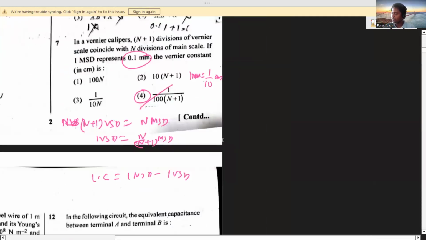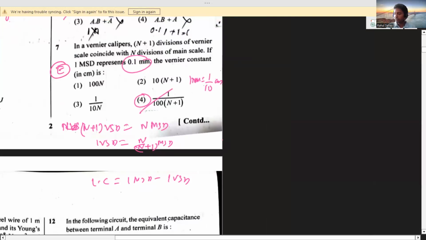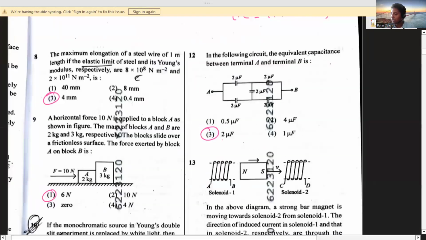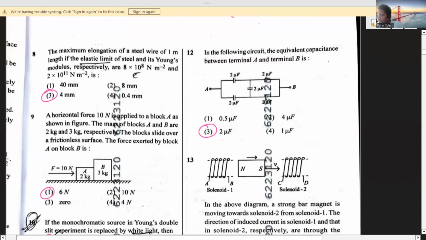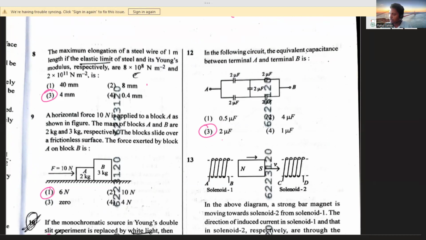Next, this is also an easy question. The maximum elongation of a steel wire of length... this is again formula based. Young's modulus is what? Stress by strain, that means delta L by L. So delta L is equal to stress by Y into L. The maximum elastic limit they have given, that is the stress, 8 into 10 power of 8.